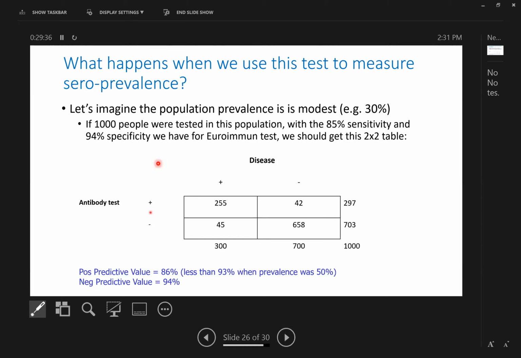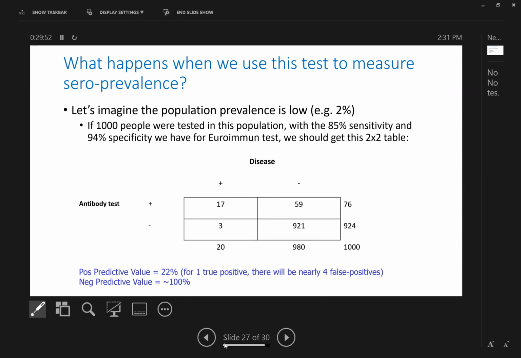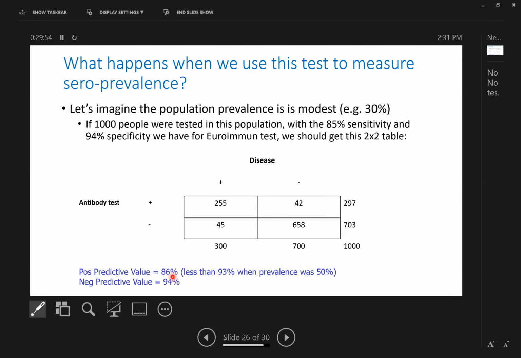If you were to test 1,000 people in that community with a COVID prevalence of 30%, then with the 85% sensitivity and the 94% specificity for that particular test, you will generate this 2x2 table and you will end up with a predictive value of about 86%, right?